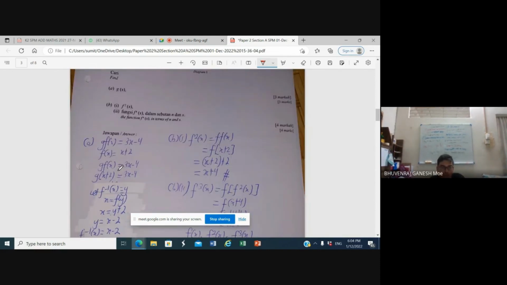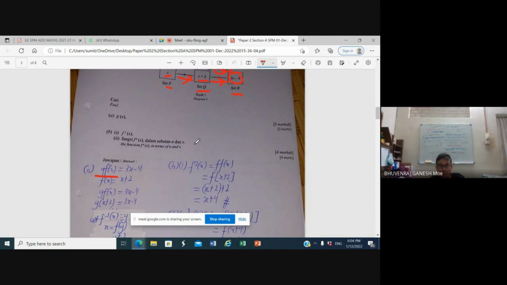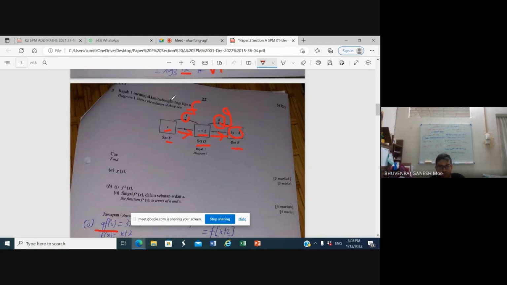This part, be careful. Sometimes people will confuse. They write fg(x) because they follow here is f, then you get g, then you get the answer here. So you will put fg(x) is 3x minus 4, which is wrong. Because the order is you're starting with this first, and then this is second. This function is second.